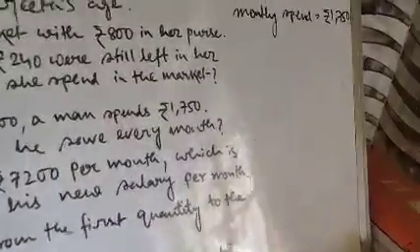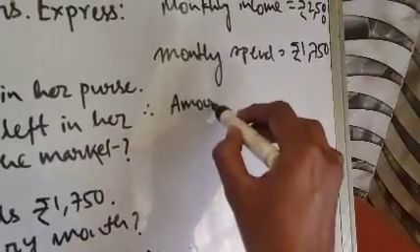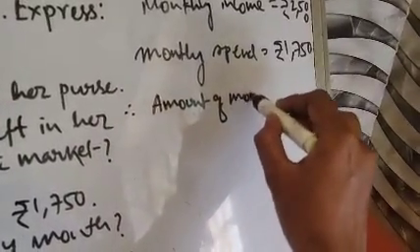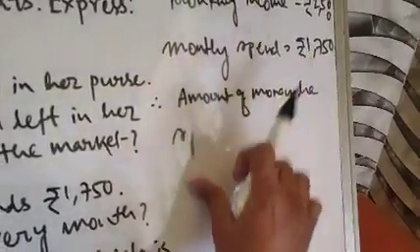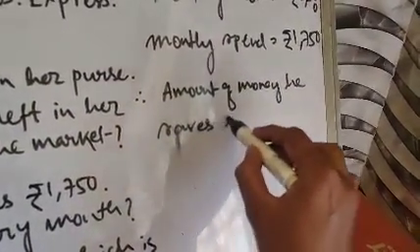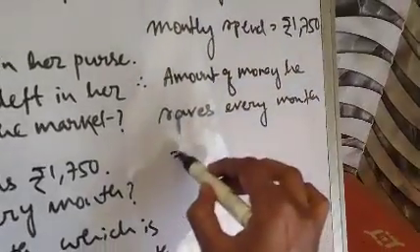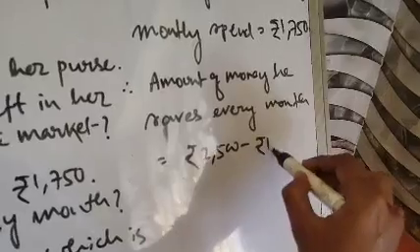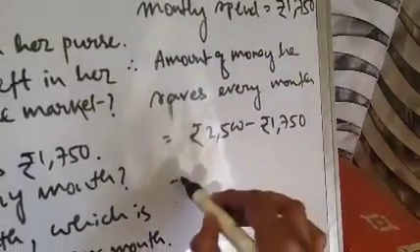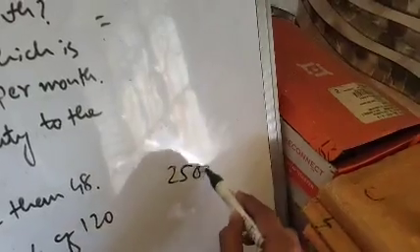Therefore the remaining amount he saves per month. Therefore the amount of money he saves every month will be rupees 2500 minus rupees 1750. In rough space, do the subtraction.